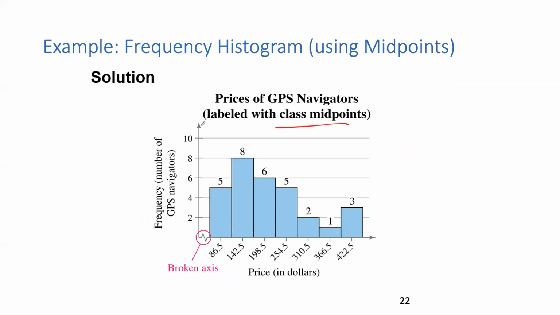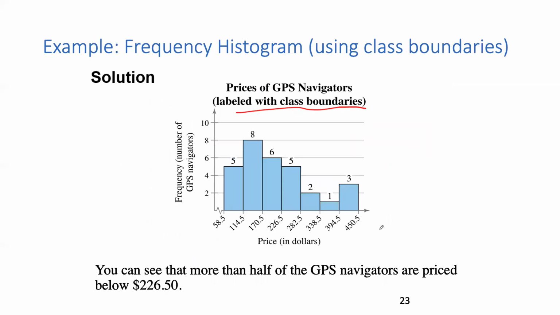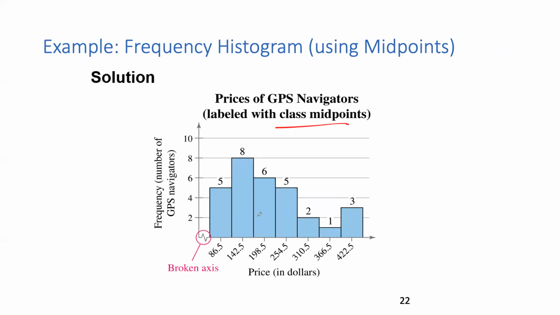So sometimes you might see graphs which are labeled with class midpoints in order to make it easy to label and read, and sometimes you might see a graph which is labeled with class boundaries. How it's labeled is a matter of convenience and what you're trying to achieve and what you would like to be readable in the graph, but it doesn't fundamentally change anything about the graph, right? Because the shape of the graph is still the same.